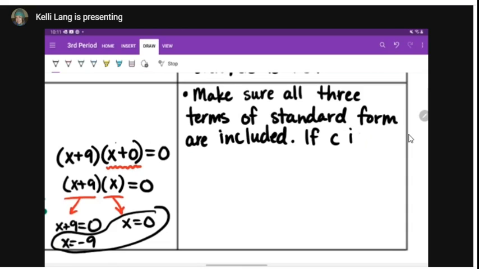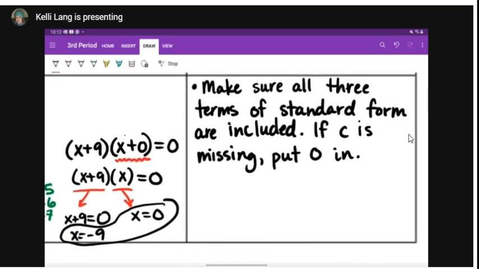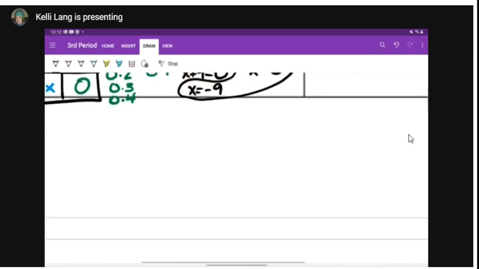If c is missing, put 0 in. I don't know, something like that. Write whatever will help you remember. All right, I'm going to go ahead and move on to the next example.